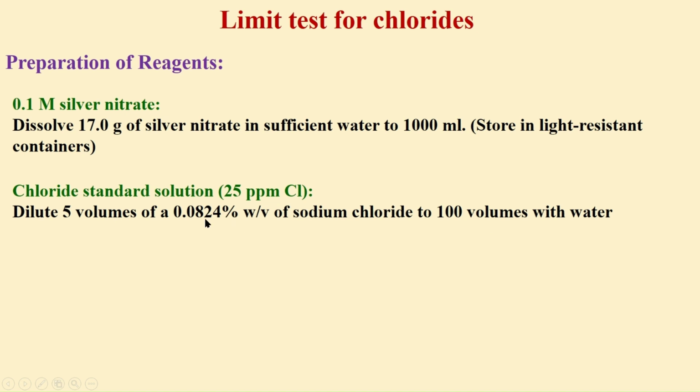If I take 82.4 milligrams of sodium chloride and dissolve it to make up 100 ml, it gives a 0.0824% solution. I take 5 volumes of this and make up the volume to 100 ml.